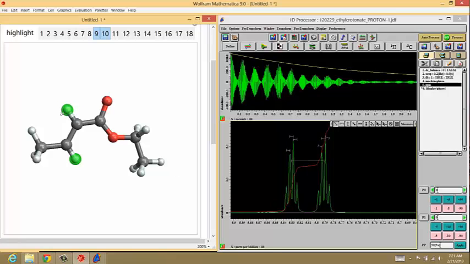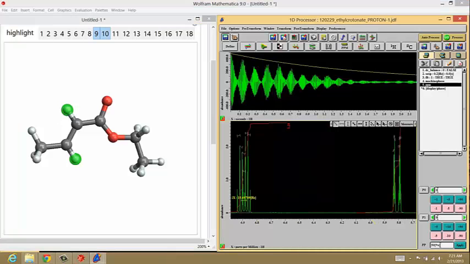So that 15 hertz splitting is due to these two talking to one another. Because the CH3 splitting in this feature is smaller than it is in this feature, that suggests that the distance between the CH and the CH3 in this feature is greater than it is in here.